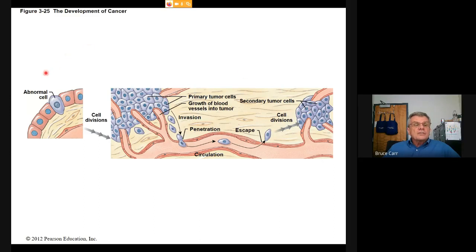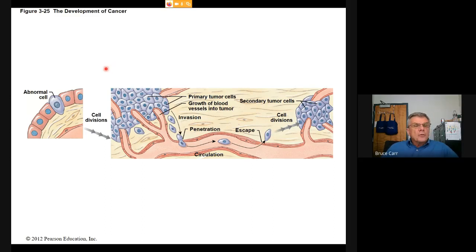So all of this results from a mutation that affects the cell cycle. Don't wait for G1, S, and G2. Just go right back into mitosis and divide again. So why do I mention cancer? Because it is a disease that illustrates the importance of the cellular level.